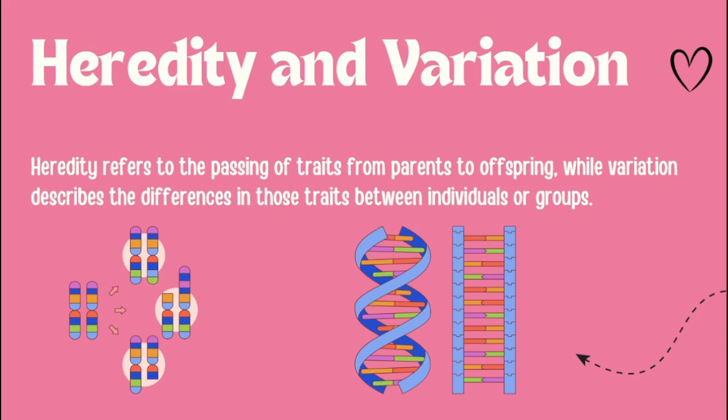It makes them less susceptible to diseases. It overall helps them live longer because they're different and able to adapt to the environment differently, right? So that's the main difference between hereditary and variation. But overall, these two concepts are what help us understand how traits are passed on from parents to offspring.